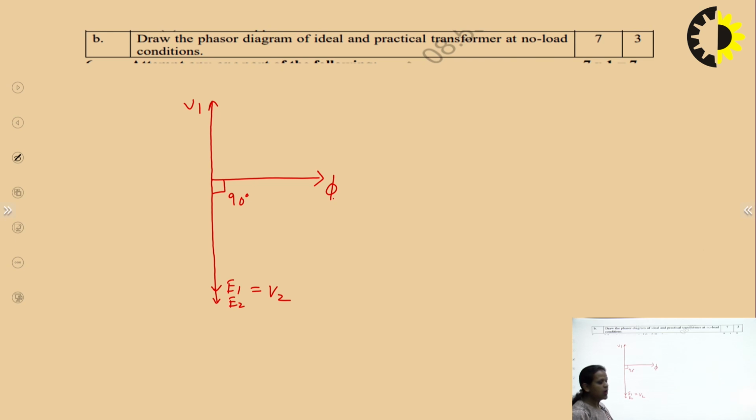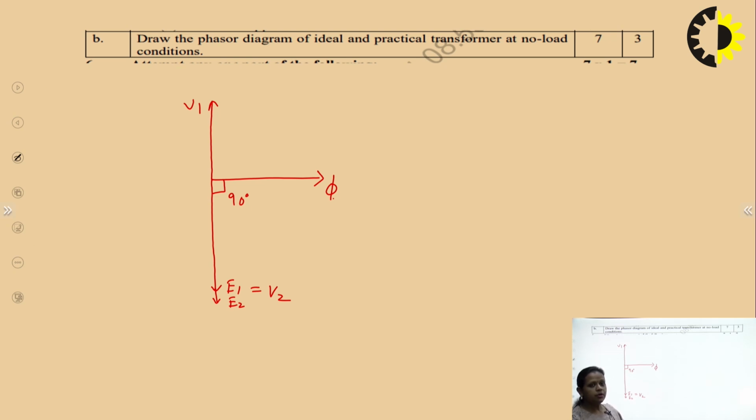Now you have to draw Im. Im is the magnetizing current, and we are considering the ideal transformer. In a purely inductive circuit, we know the current lags V by 90 degrees.